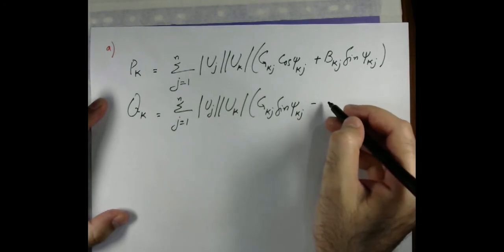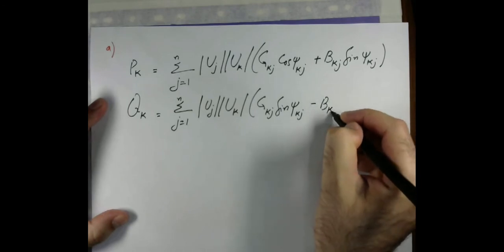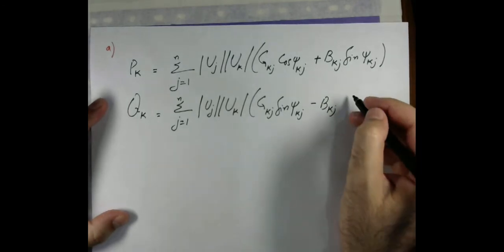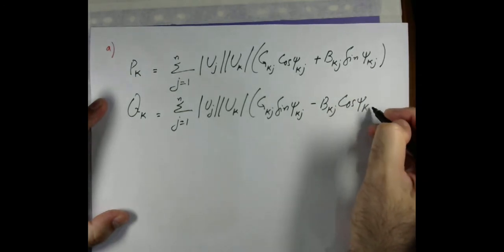From the discussion we have already met, that is b_kj, with the negative sign, cos of psi_kj.